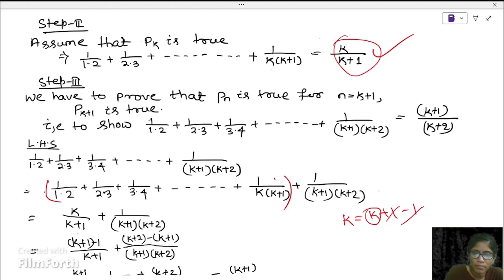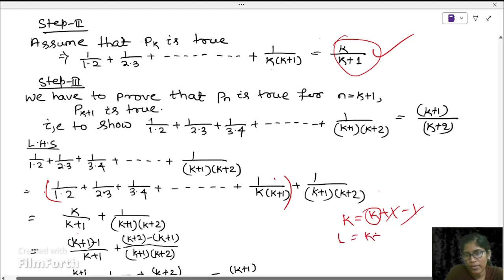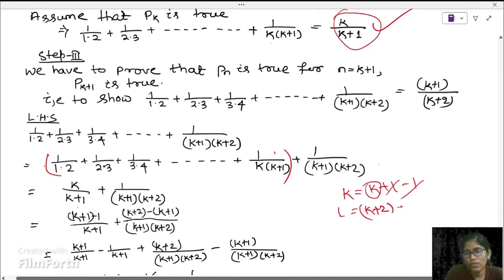That means taking this, k plus 1 minus 1. Similarly plus here equal to 1. We can write 1 is equal to k plus 2 minus k plus 1. Difference between two consecutive numbers is equal to 1, k plus 2 minus k plus 1.